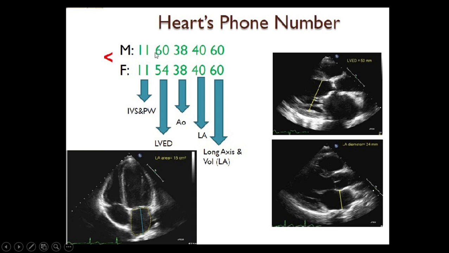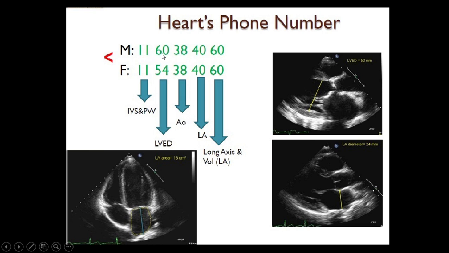For both men and women it is the same. It applies to IVS diameter and posterior wall diameter. Both of them, in both genders, should be less than 11 millimeters.